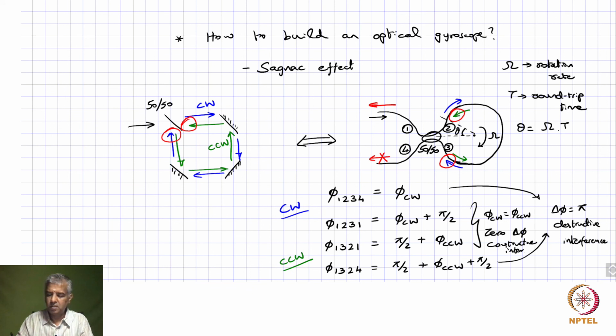So this path is relatively short compared to the other path, where the clockwise propagating wave is already set off, and before it goes through this round trip time, this position has moved. So now it has actually had to travel a longer distance, right?